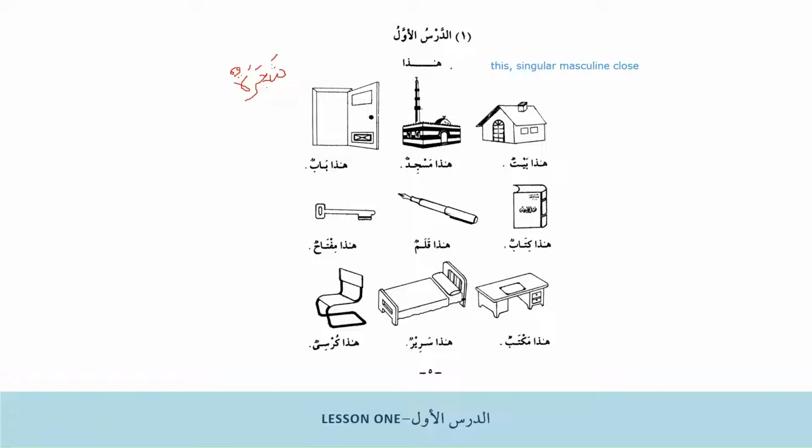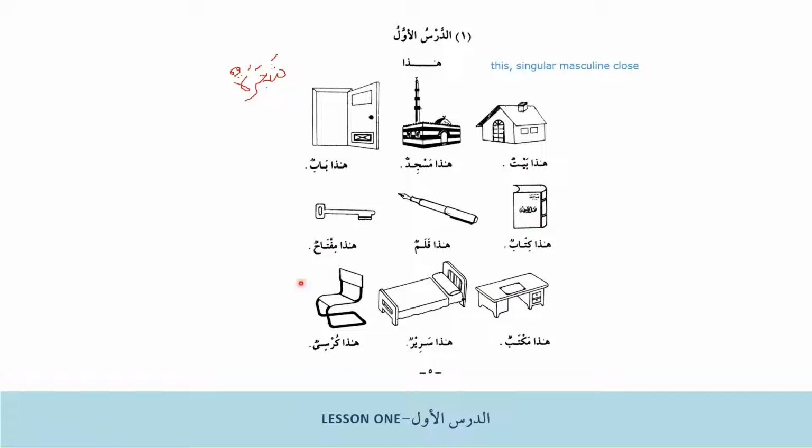So when we're using hadha, we will not use hadha to point at things which are feminine, rather it will be words which are masculine that we can see here. Baytun, masjidun, babun, kitabun, qalamun, miftahun, maktabun, sarirun, and kursiyun.